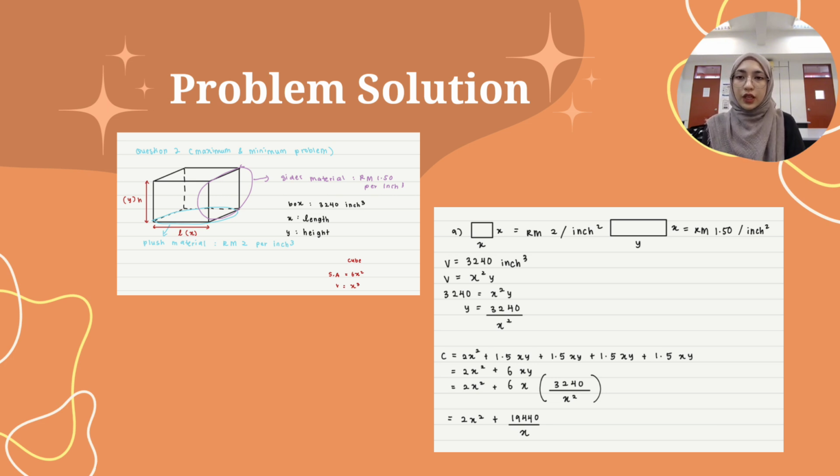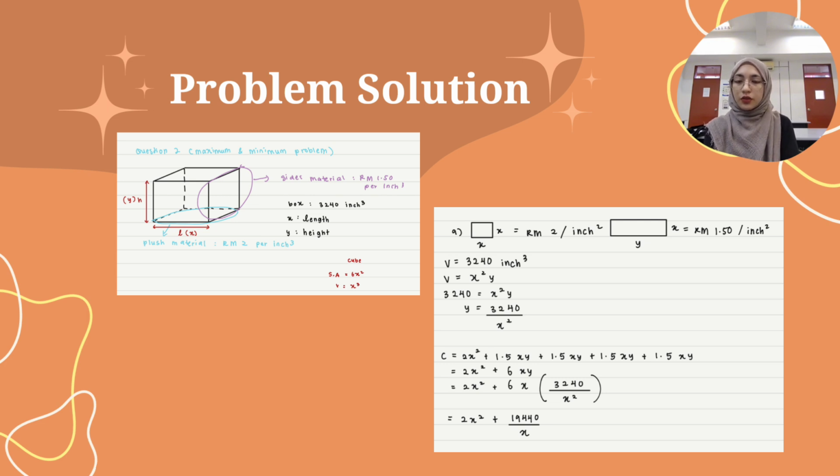The volume V equals 3,240 cubic inches. Cost per unit area for X is RM2 per square inch, and cost per unit area for Y is RM1.50 per square inch.